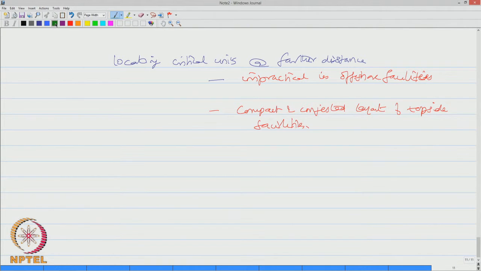Then can we list some of the important critical facilities which should be covered under blast resistance?